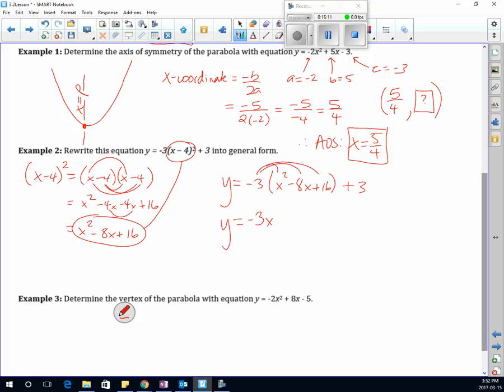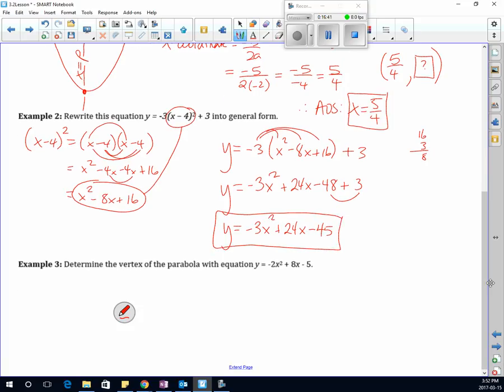Now I'm going to do the distributive property. y equals negative 3x squared plus 24x, and 16 times 3 is 48, so minus 48 plus 3. I've got to combine those two together, and I get y equals negative 3x squared plus 24x minus 45. And so that is my equation in general form.